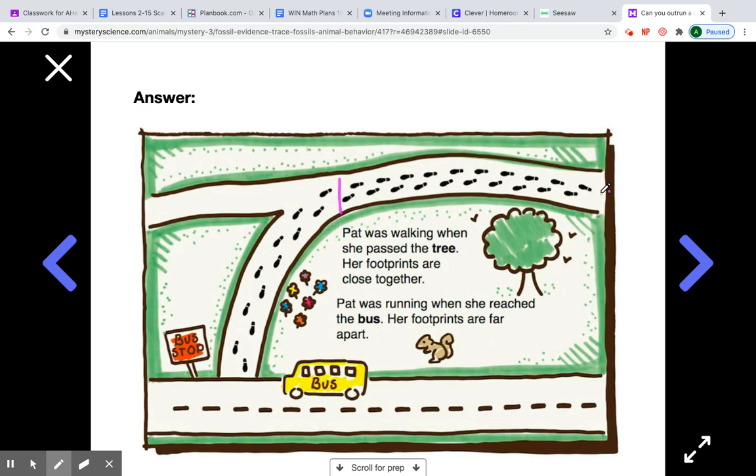So it looks like she started here. And she walked. Then she must have seen the bus was coming and she started running because now the footprints are a little more spread out.